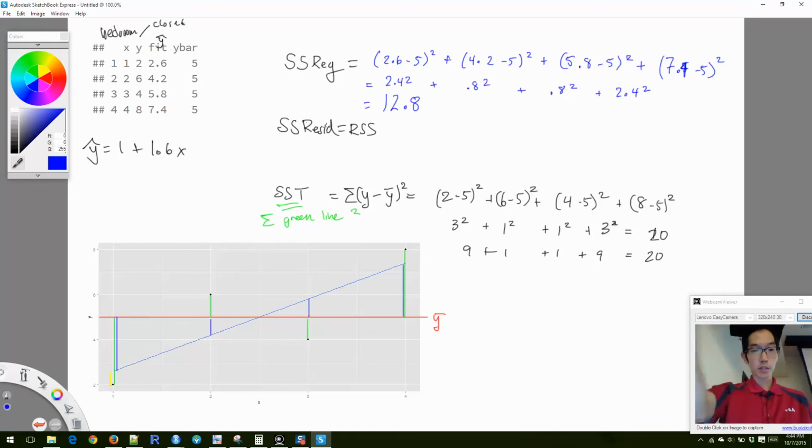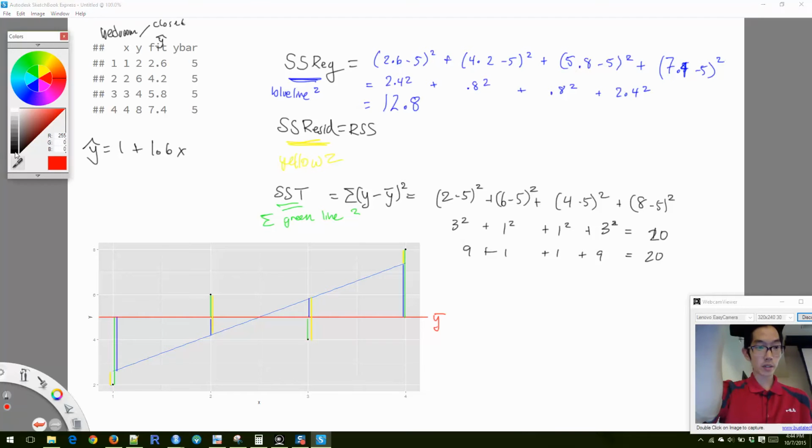So this one is the blue line squared, and then over here will be yellow squared. Okay, and so over here our regression line is actually taking us further away from the estimate than y bar, but that's okay. We're going to add all of these up together and see what we get.